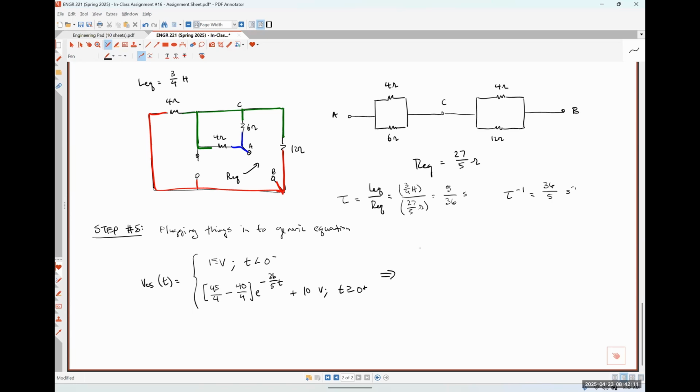And then simplifying things here, that's going to look like 15 volts for t less than 0 minus, and then 5/4 e to the negative 36/5 t plus 10 volts for t greater than or equal to 0 plus.